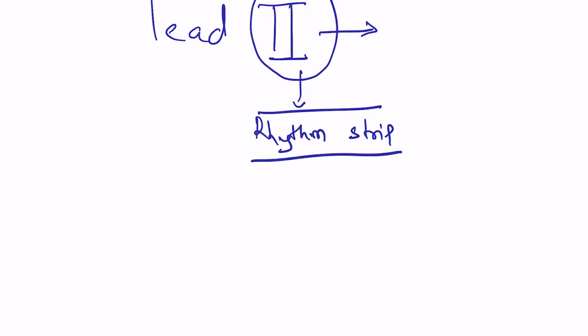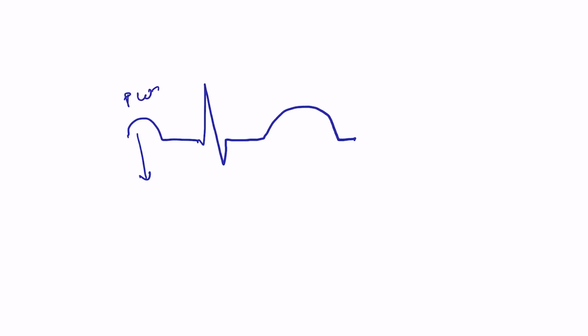In any lead, routinely we have one P wave, then a QRS complex, then a T wave, and so on. You all know this. This is the P wave, which is due to atrial depolarization.